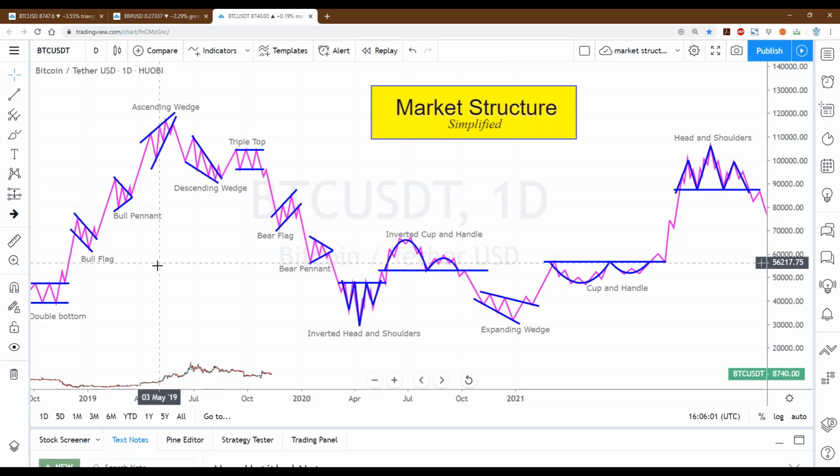We have double bottoms starting on the left, bull flags, bull pennants, ascending wedges, descending wedges, triple tops, bear flags, bear pennants, inverted head and shoulders, expanding wedge, and head and shoulders. And I'm telling you, I just saw one on somebody's chart analysis today on TradingView that they call the shoe and sock.